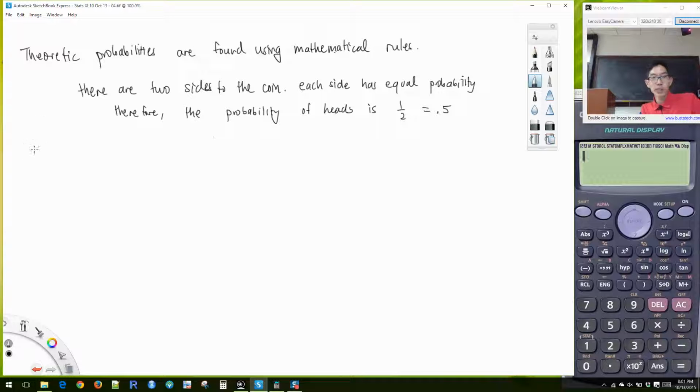We reconcile the empirical and the theoretic probabilities with what we call the law of large numbers.